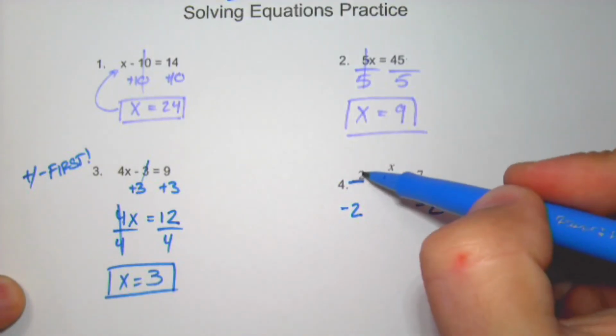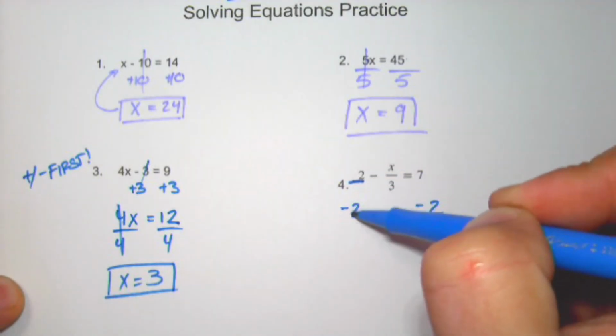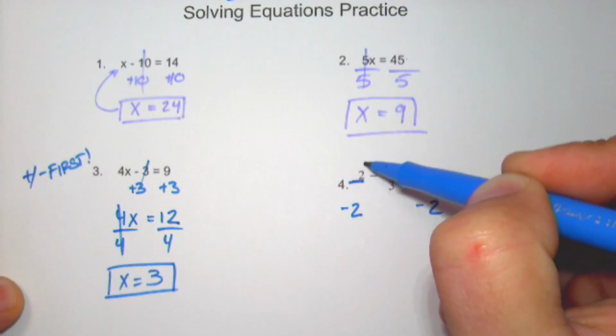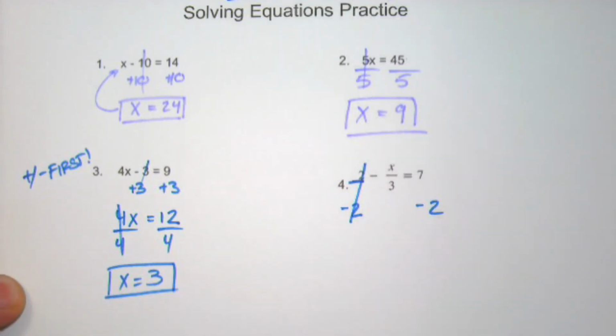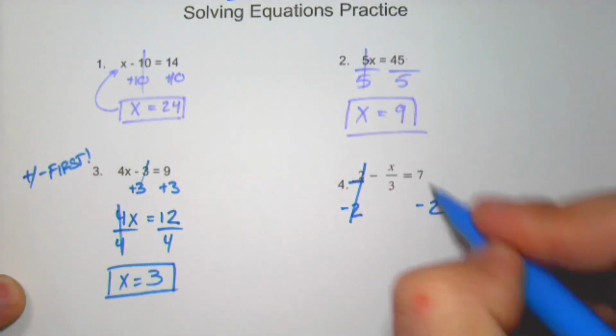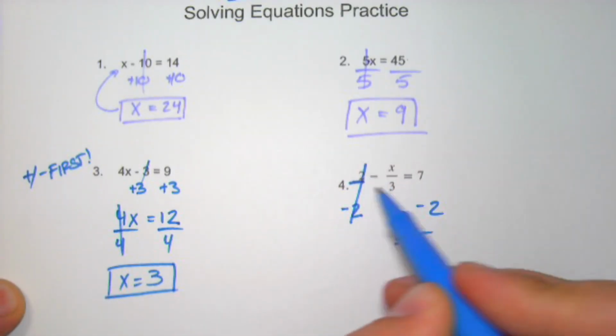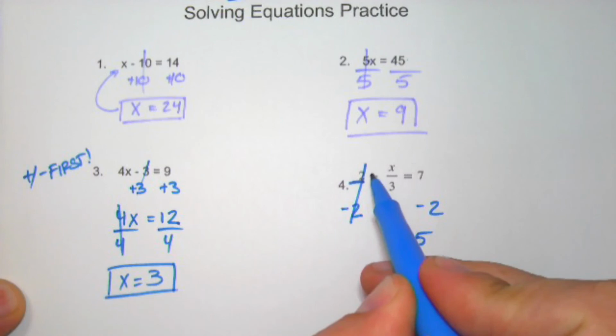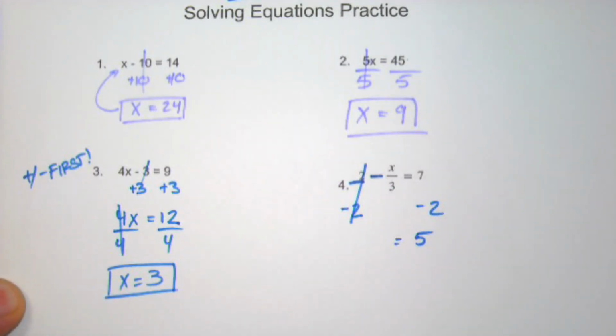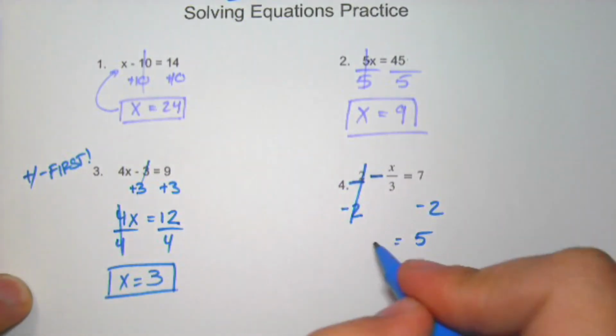Again, the goal is to combine 2 with whatever we do on both sides, we want those to cancel out. Well, 7 minus 2, we get 5. And now on the left-hand side, we want to remember we need to bring that negative, that subtraction, with us.